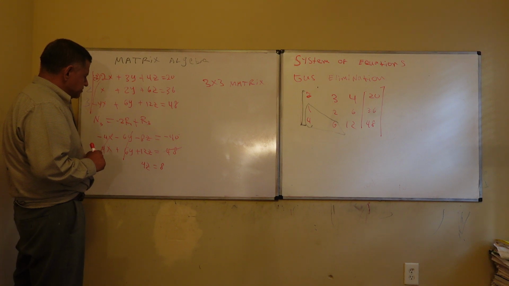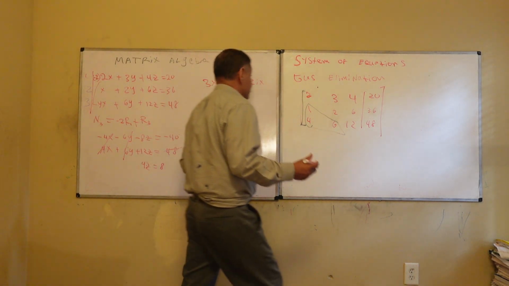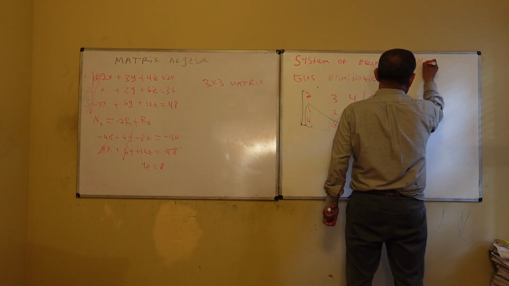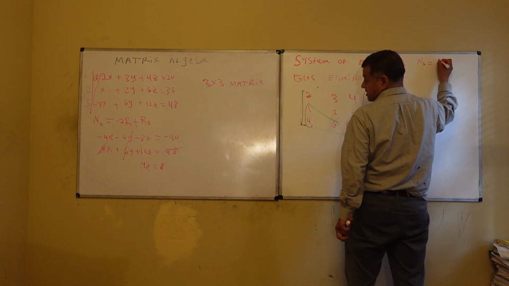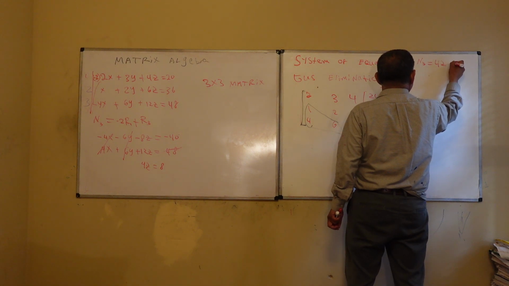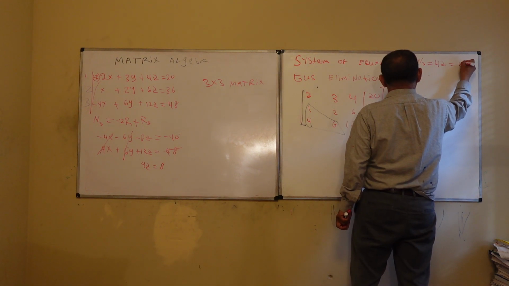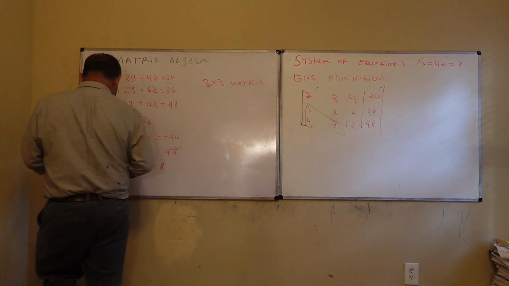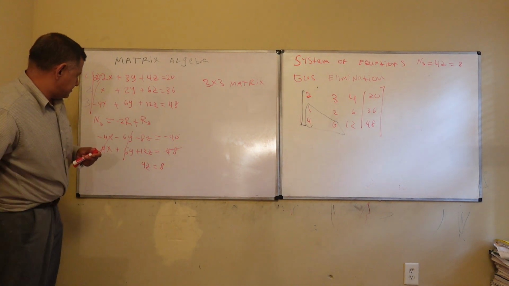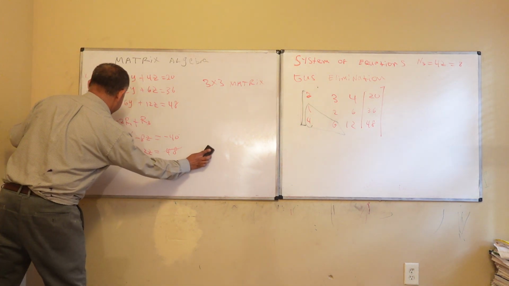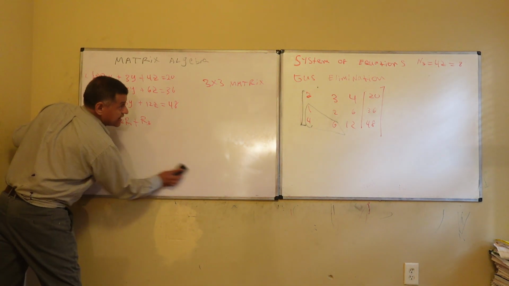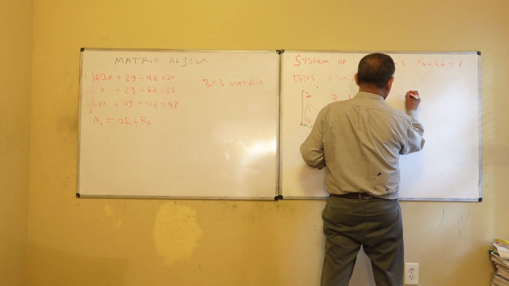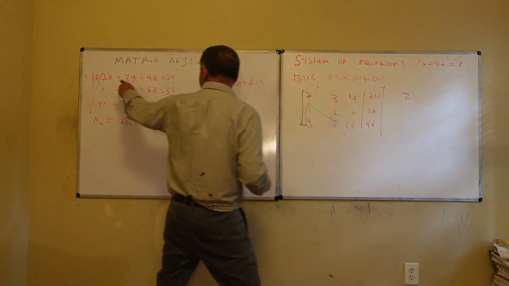Now I got the first one. I have to write it down right here. N3 is equal to 4z equal to 8. That will translate to the following. Remember, the top row stays the same.